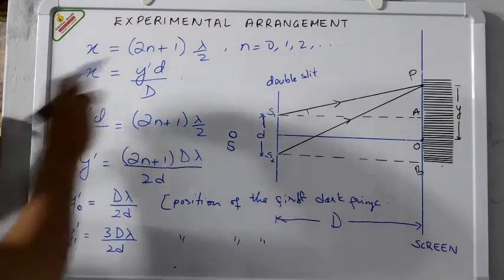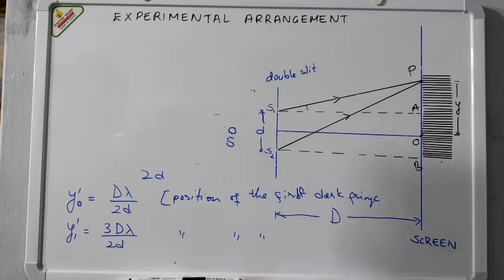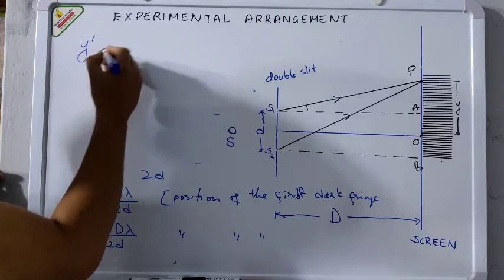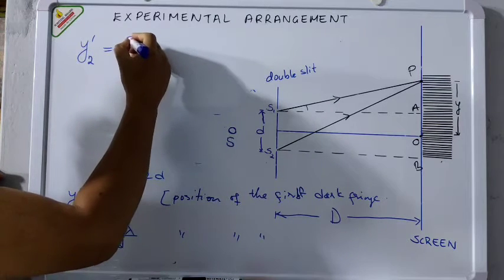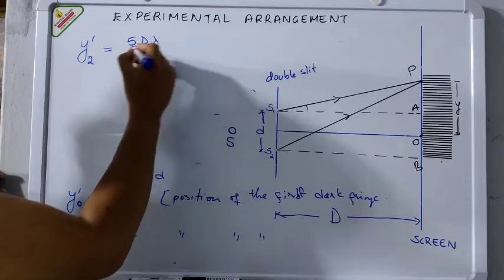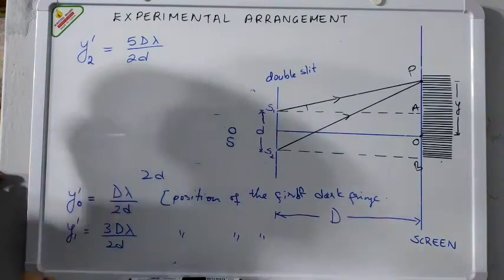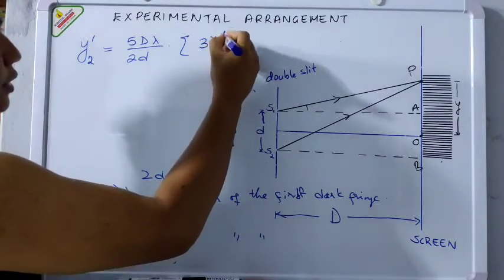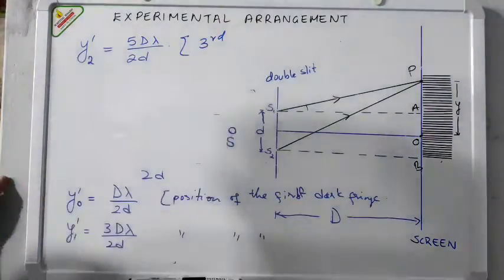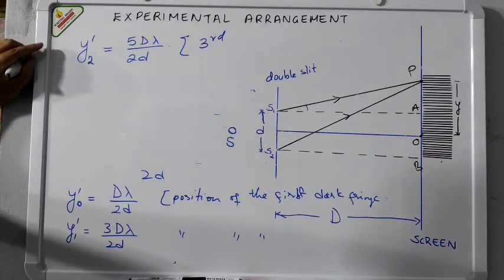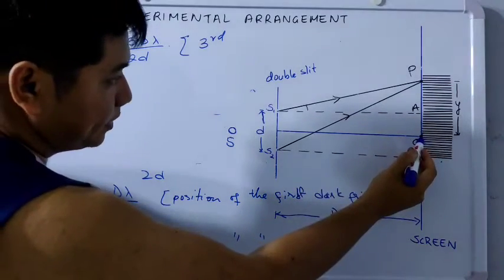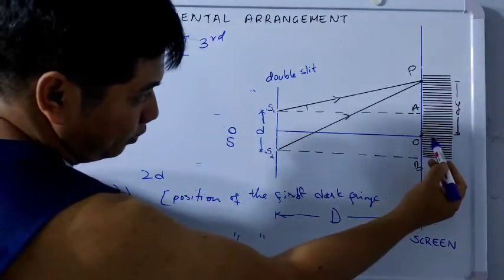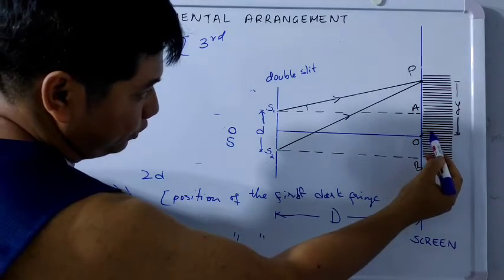Now let us put n equals 2. y dash 2 will be 5D lambda by 2d. It is the position of the center of the third dark fringe from the center O on either side. 1, 2, 3, the third dark fringe.